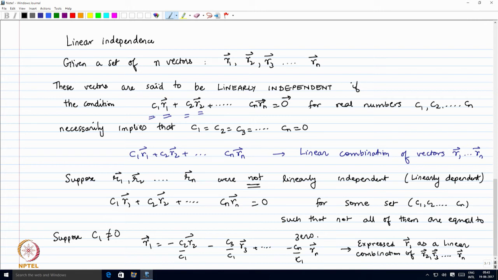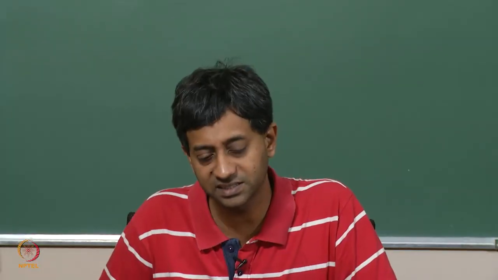So, what this rather obscure looking condition for linear independence implies is that you cannot write any vector as a linear combination of the others. If you cannot, then the vectors are said to be linearly independent.